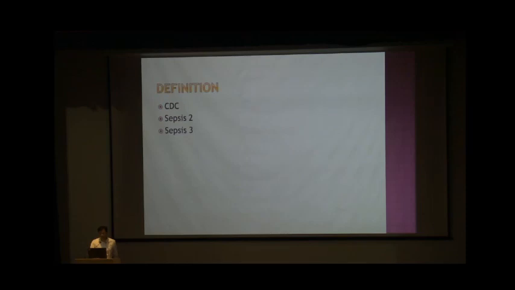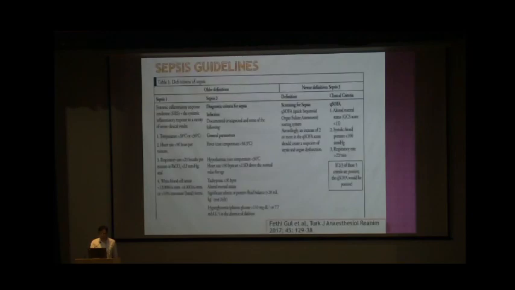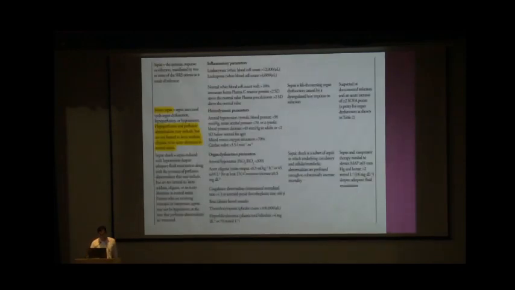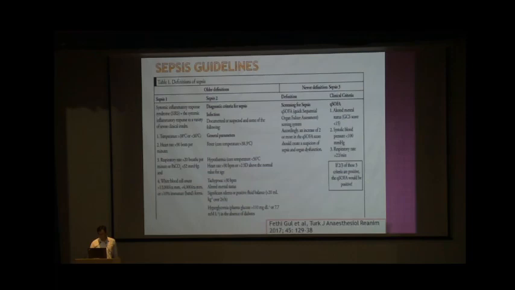Several definitions have been used, that is CDC definition, sepsis 2 guidelines and sepsis 3 guideline. These are the guidelines which have changed from the initial sepsis 1 guideline, which is mainly based on CDC definition, followed by sepsis 2, and the newer definition which came up recently is sepsis 3 guideline.